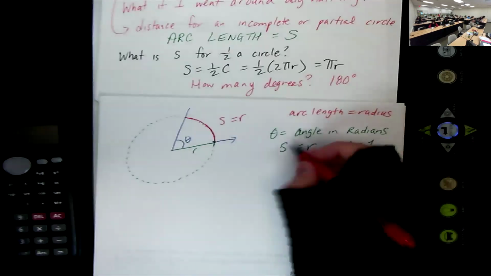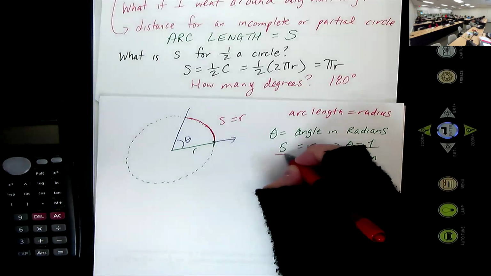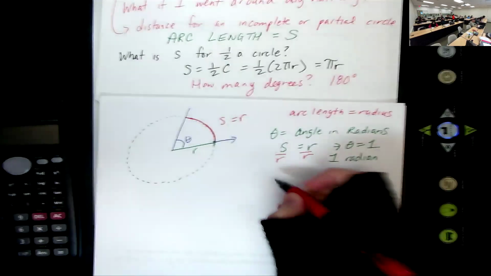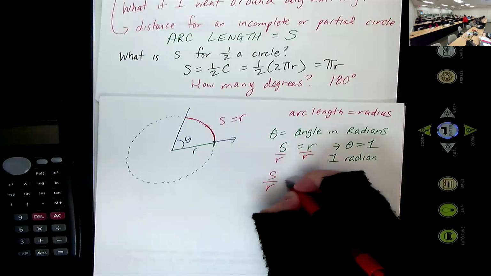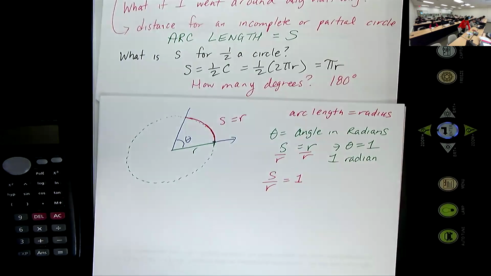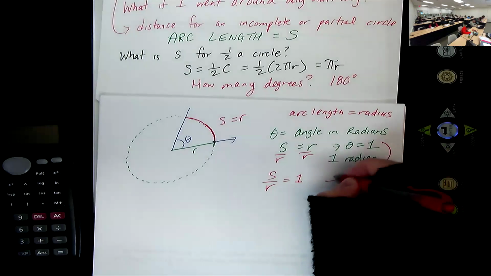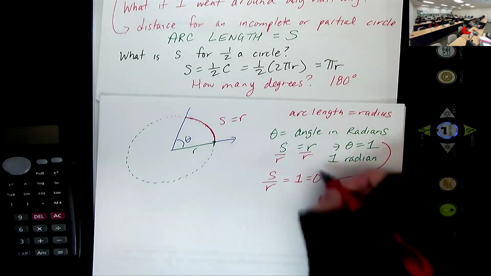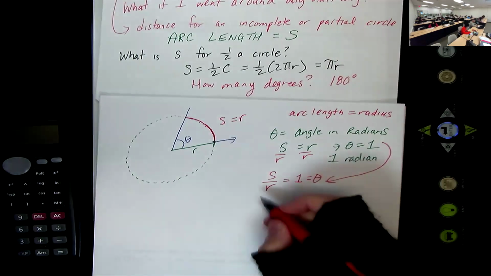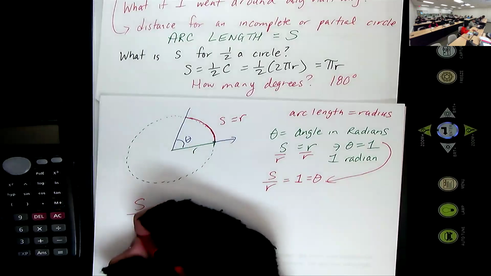Look what happens if I divide this, S equals R, if I divide both sides by R. I get S over R equals 1. And we just said theta equals 1. So I can say S over R equals theta.